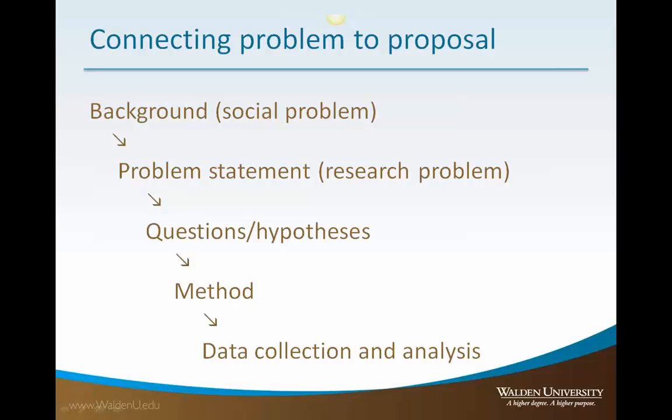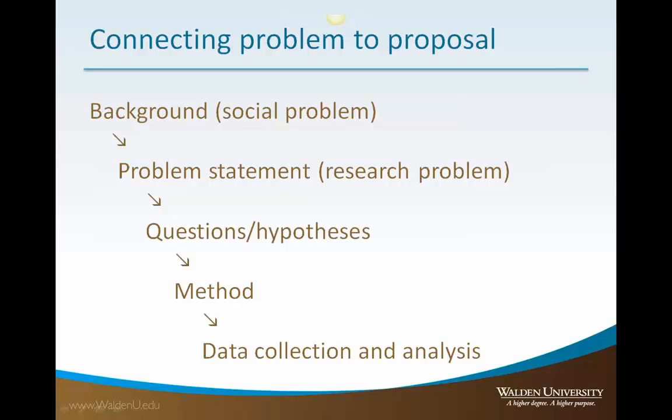Where in the literature has this issue been addressed before by other researchers? If you have an issue that has not been addressed by other researchers, then in large part you do not have a research problem on your hands. You have a social problem.